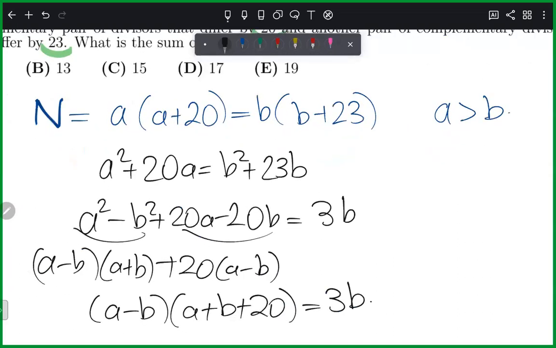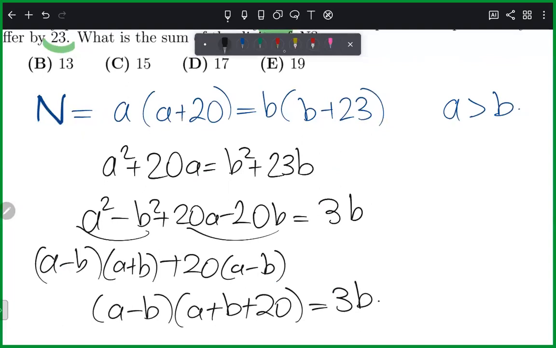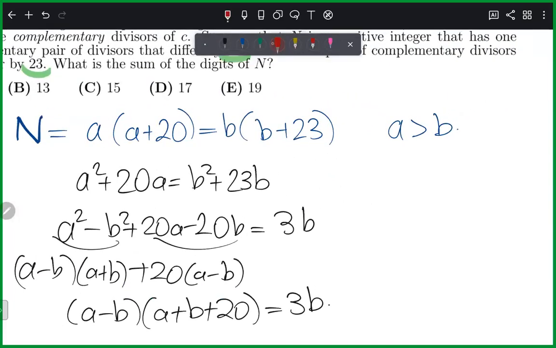Now, for a moment, let's observe this quantity. This is at least as big as b plus 1 plus b plus 20, because a is bigger than b, so a is at least b plus 1, and we just replaced a by b plus 1.